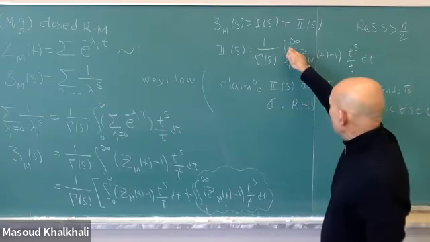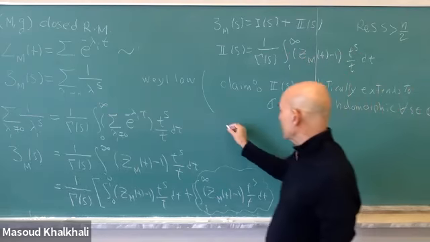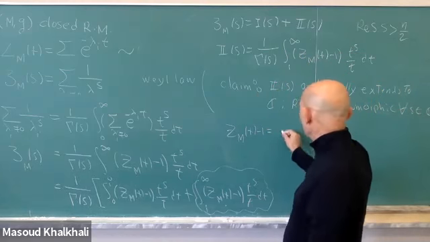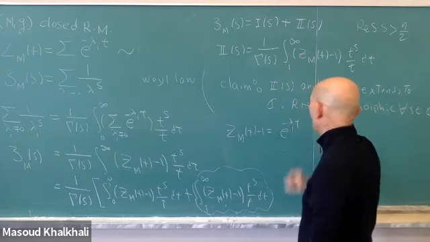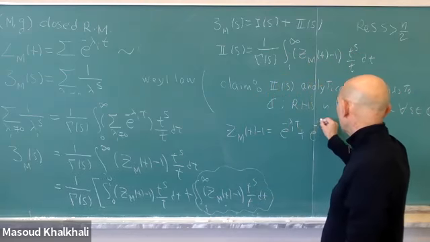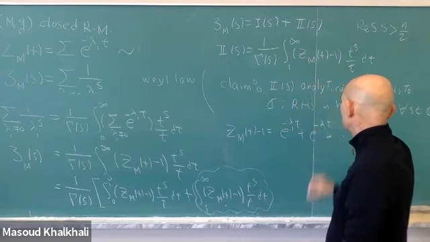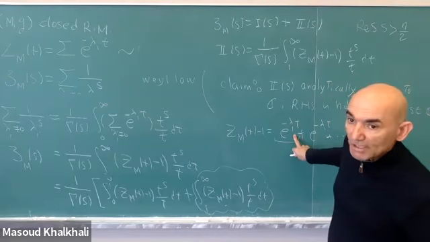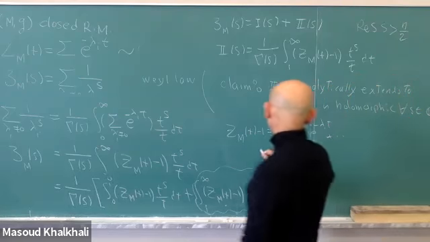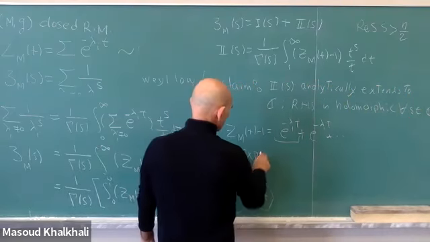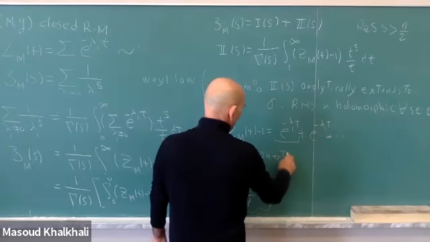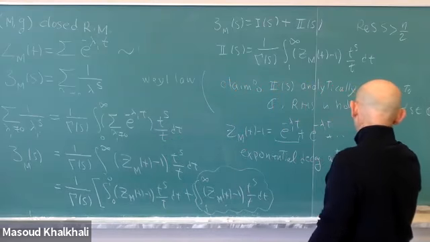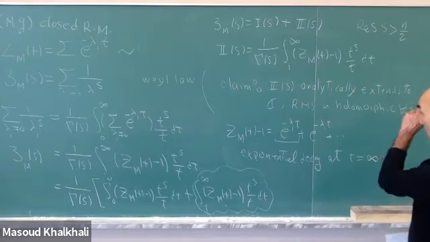Now, at infinity, if you look at Zm(t) minus 1, what is Zm(t) minus 1? This starts from the first eigenvalue, lambda 1 t, and then there is the second eigenvalue. So you notice that this has exponential decay at t equal to infinity, right?